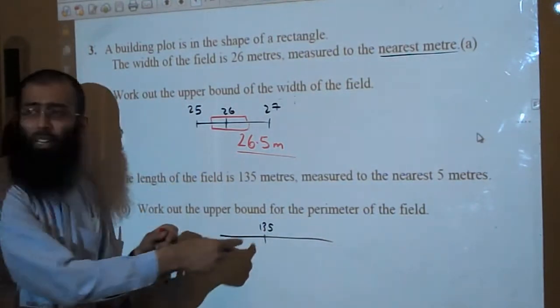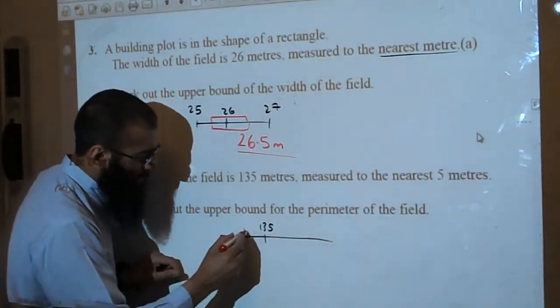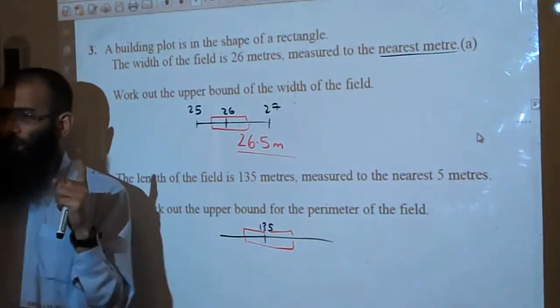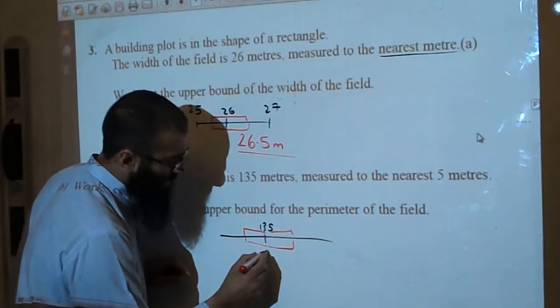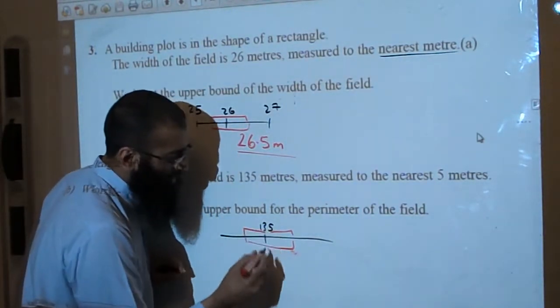So if it is measured to the nearest 5 meters, the red bit should be 5 meters altogether. So what's half of that? 2.5. So from 135, we have to add 2.5 meters onto it.